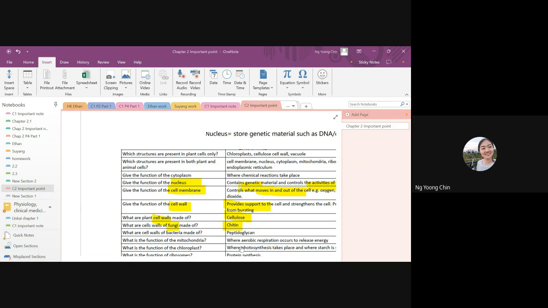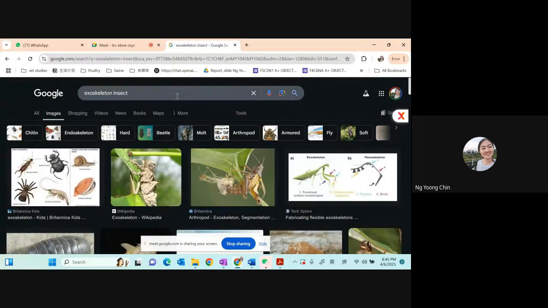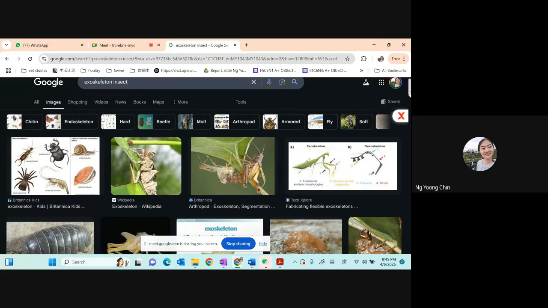I show you some images for you to have a look. See, this is the exoskeleton of the insect. Do insects have any hard bone inside? Do they have bone, just like humans? B-O-N-E. Do you think they have bone?